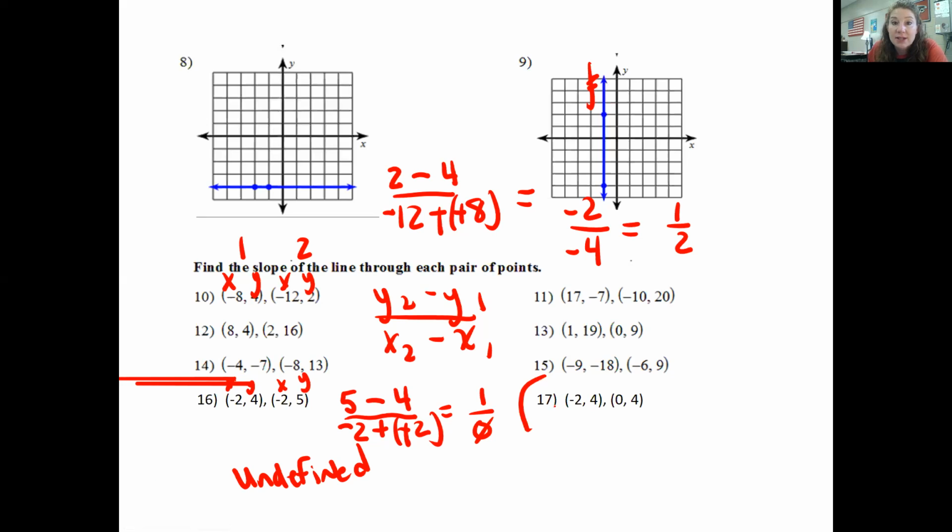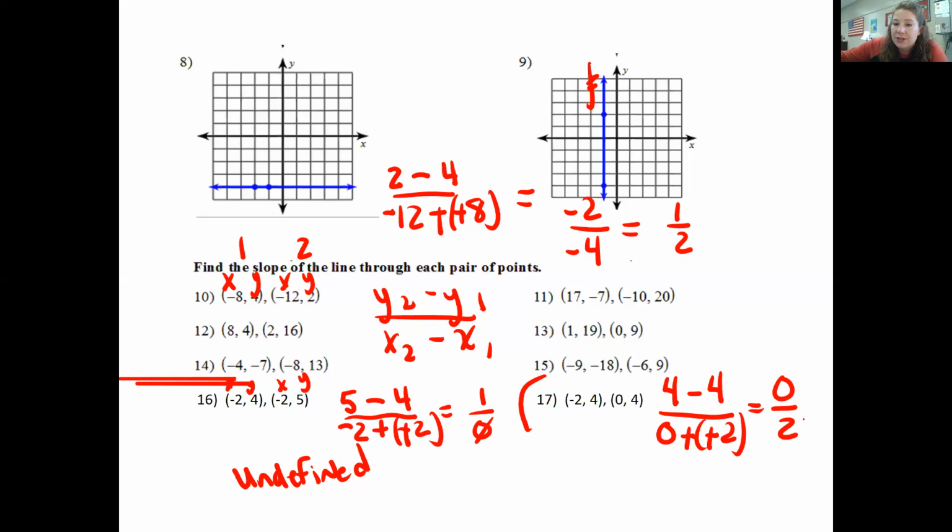All right, what about number 17? I bet this is a horizontal line. Let's try our formula, y2 minus y1. We're going to take our second y and subtract our first y. We're going to take our second x, and subtract our first x. Bam, bam. 4 minus 4 is 0 over 2.